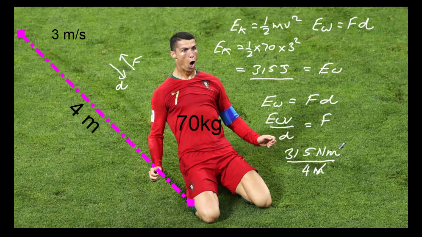And you can see the metres cancel to give you the force of friction units, the newtons. So 315 divided by 4, and that's going to give you a value of about 78 newtons. So the force of friction is 78 newtons in the opposite direction from where Ronaldo is sliding to.